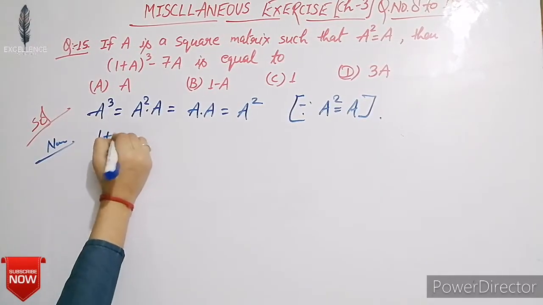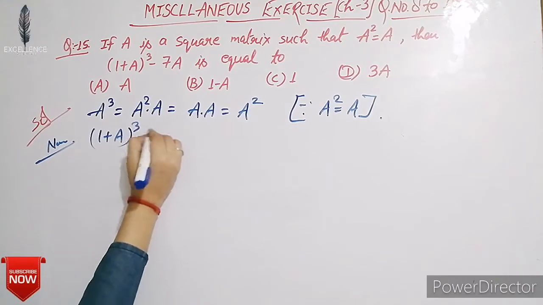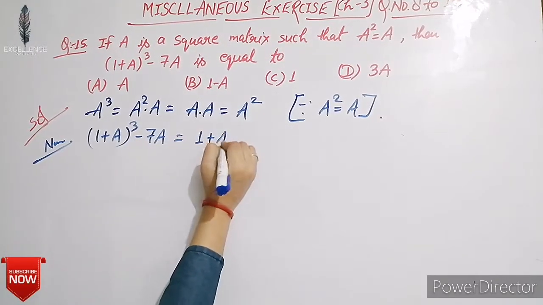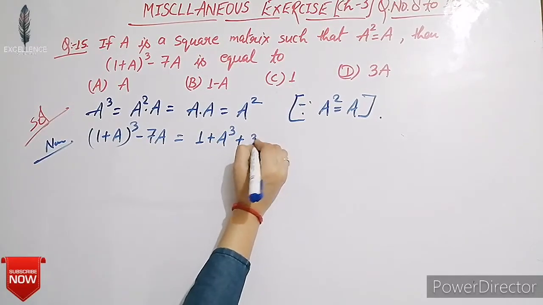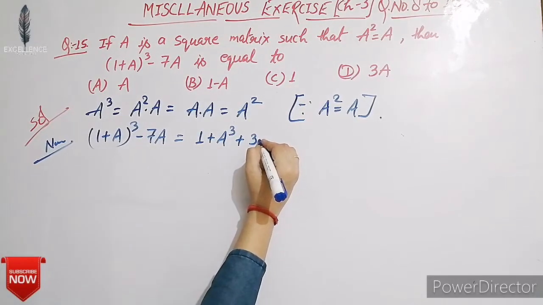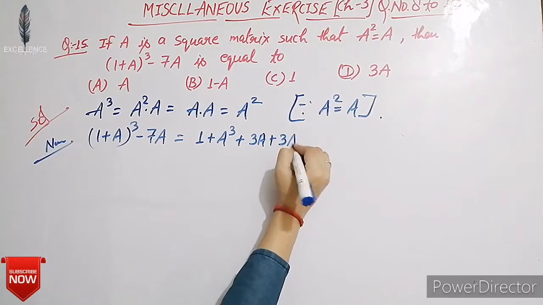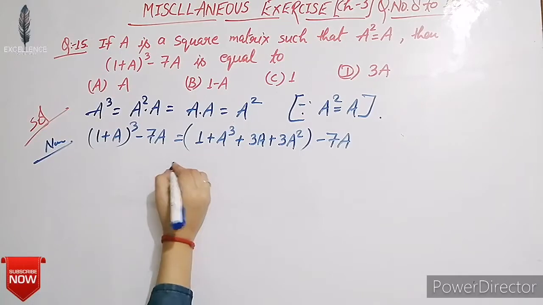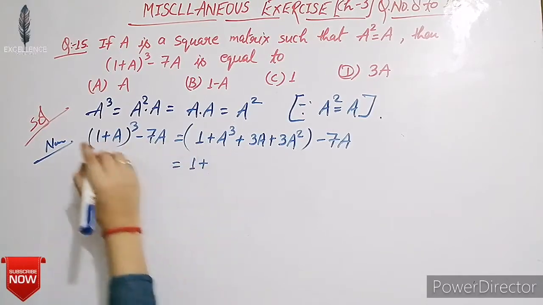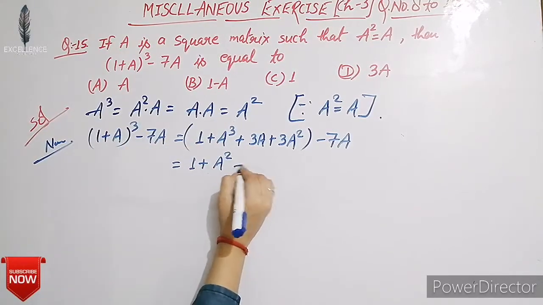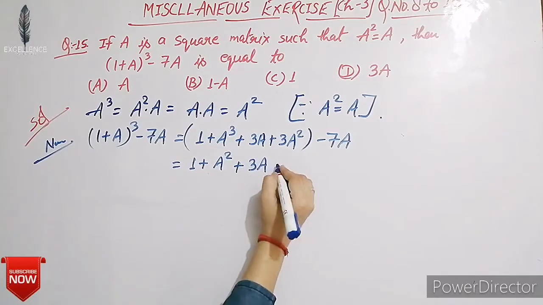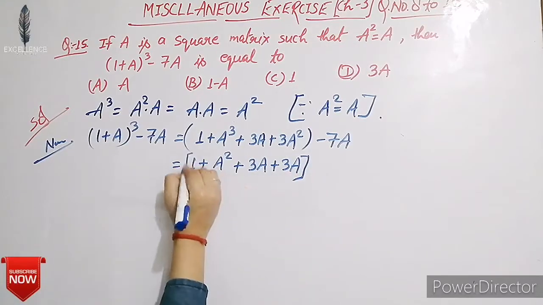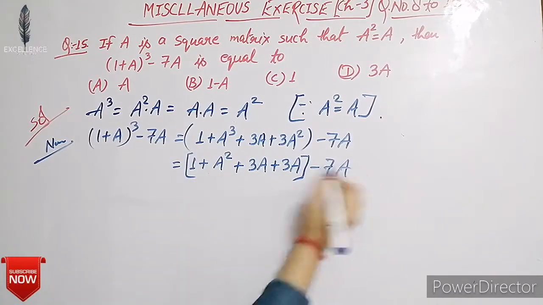Now 1 plus A whole cube minus 7A, using the identity of A plus B whole cube, is 1 cube plus A cube plus 3A plus 3A square. Okay. Now here A cube is equal to A square, plus 3A plus 3A square is equal to A, so it is 3A, minus 7A.